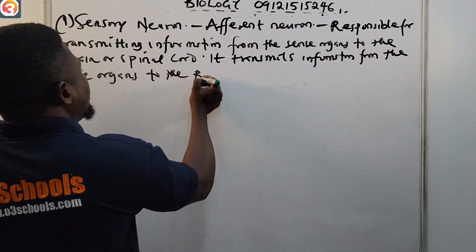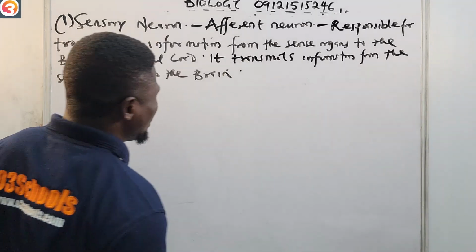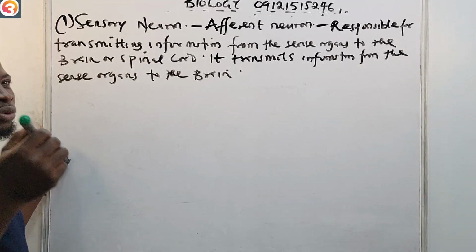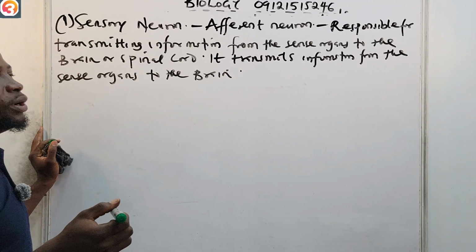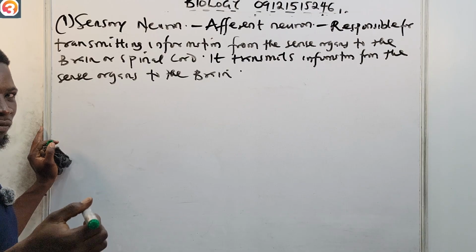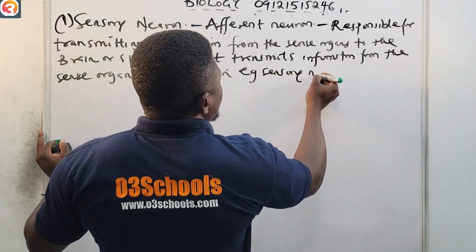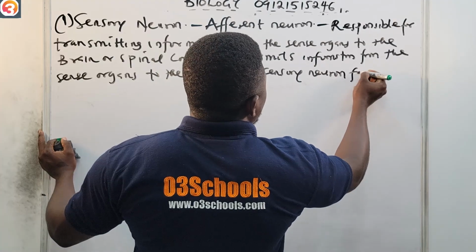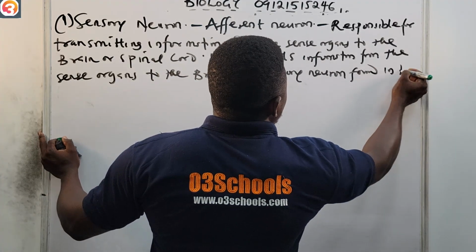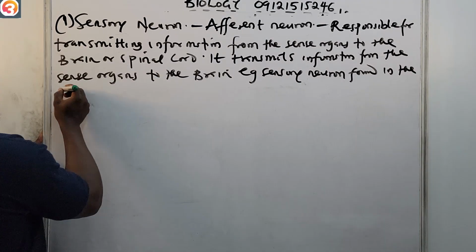A good example is the sensory neuron found in the optic nerve.